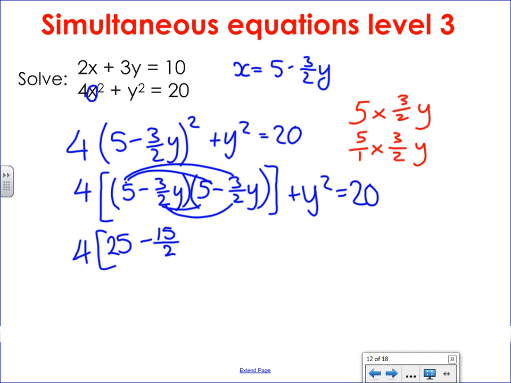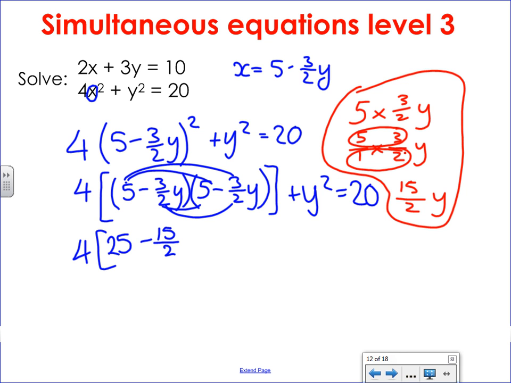And then you can see that you've got 5 times 3 on the top, which is 15, and 2 times 1 on the bottom, which is 2, lots of y. So that's just something that sometimes students aren't entirely sure how to do. Okay, so we've got minus 15 over 2y, and then we've got it again, from the other middle bit.